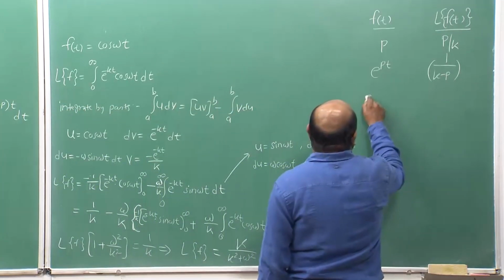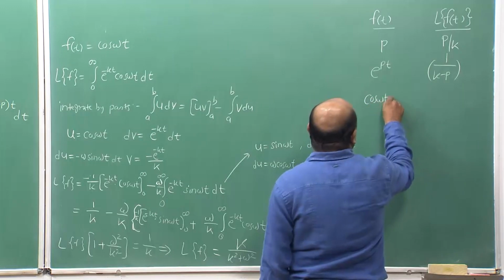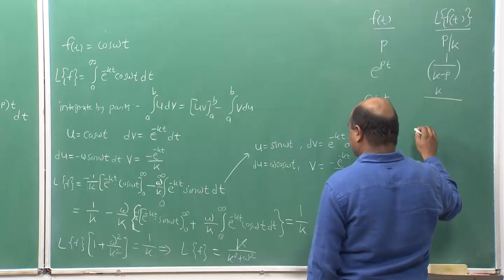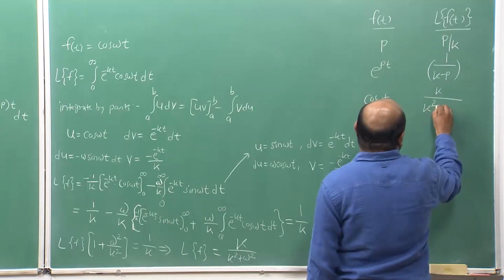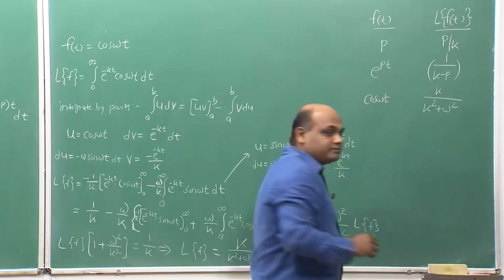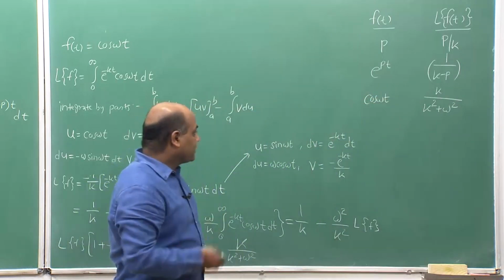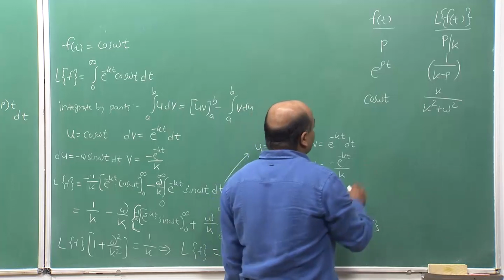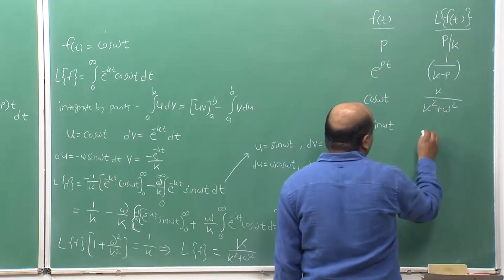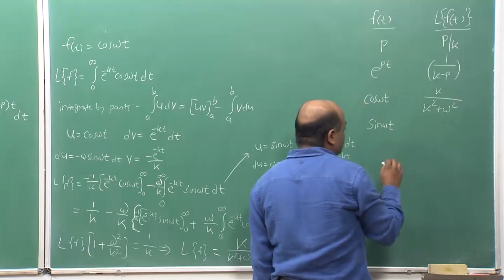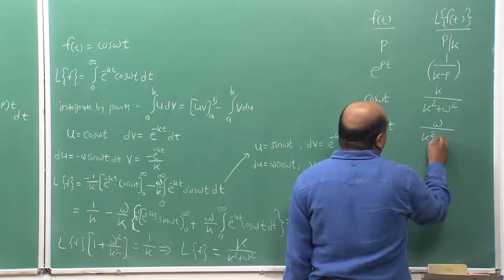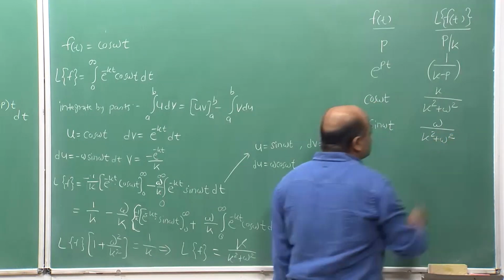Okay. So, the Laplace transform of cos omega t we obtain as k over k square plus omega square. We can obtain the Laplace transform of sin omega t similarly, and if we work on sin omega t, we will get the Laplace transform of sin omega t as omega over k square plus omega square.